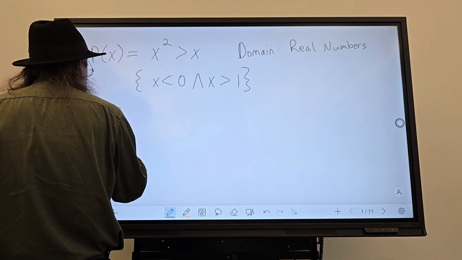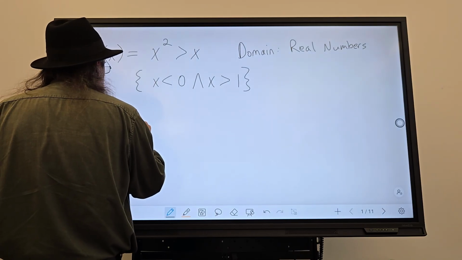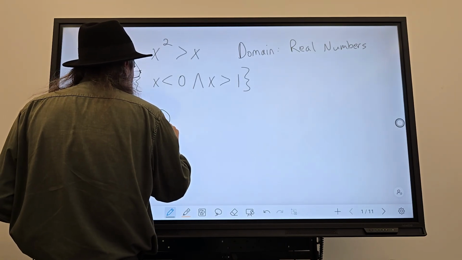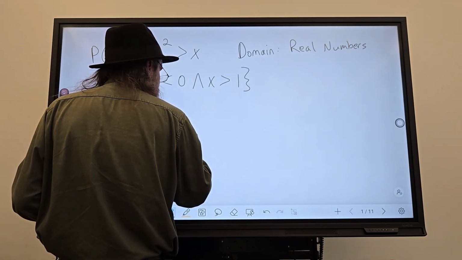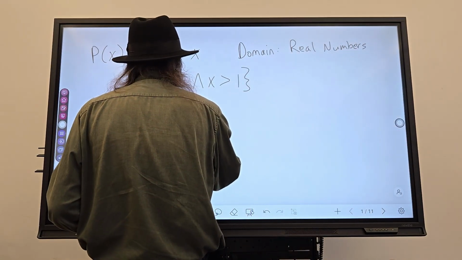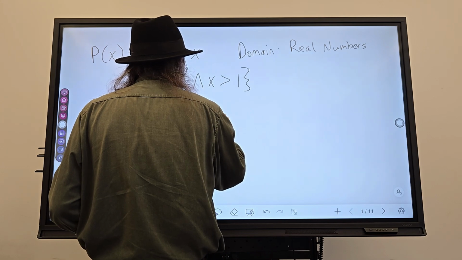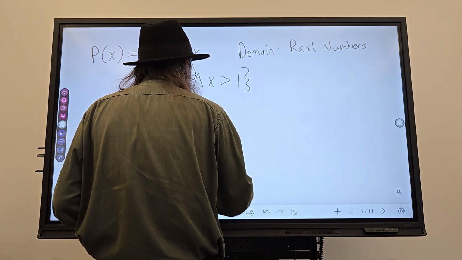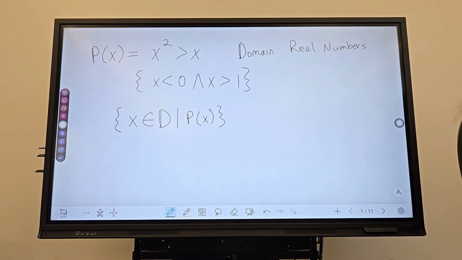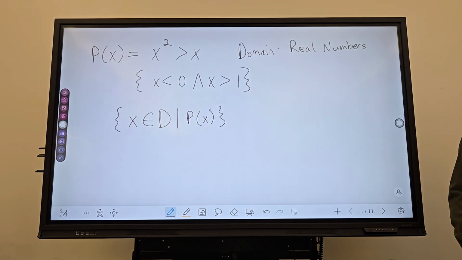So it is a set, so curly braces, x element of D such that P of x. That's how you define the set. Now the actual values can be written out in various ways.